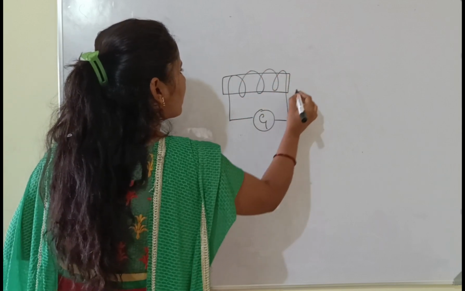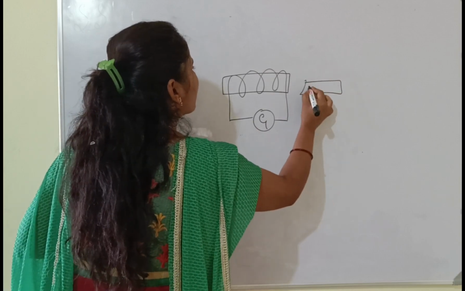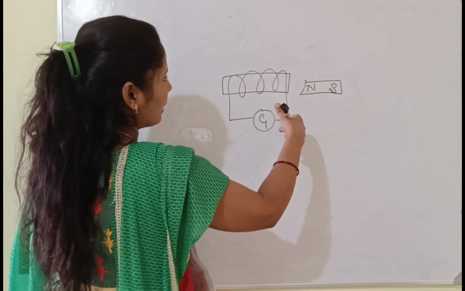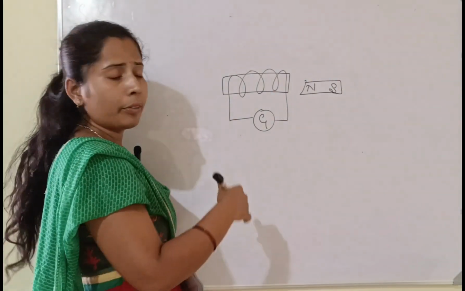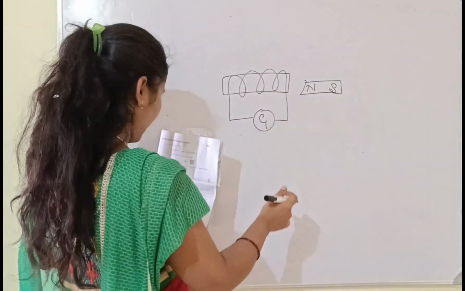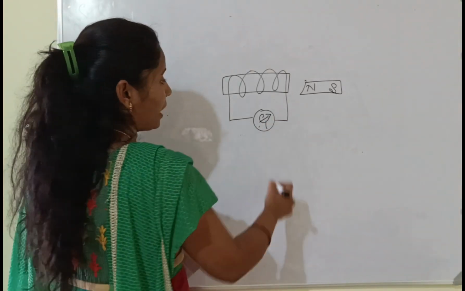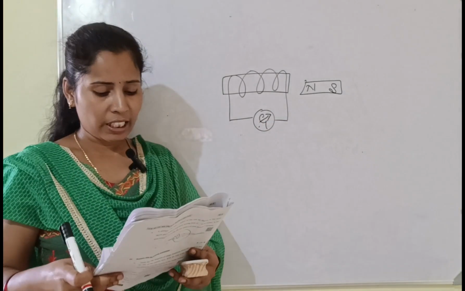This is the north and south. What happens if the bar magnet is pushed inside the galvanometer coil? So the deflection will take place.